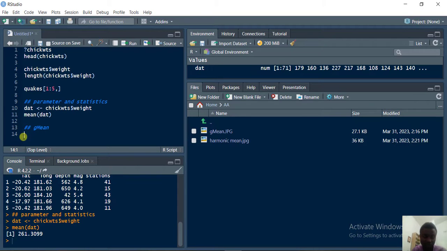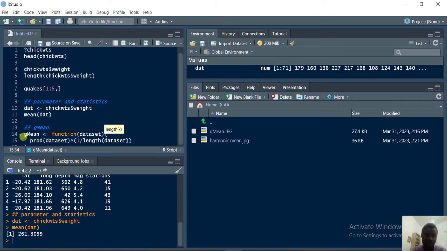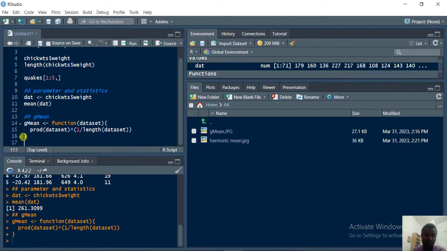Let's call this gmean, and then we say this is a function that takes every information we have in the data set, and what is it going to do? It's going to take the product of the data set raised to the power of 1 over the length of the data set. So let's go and run this line of code.